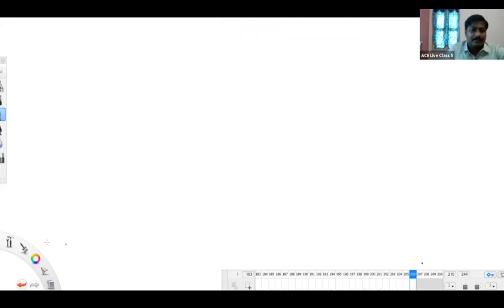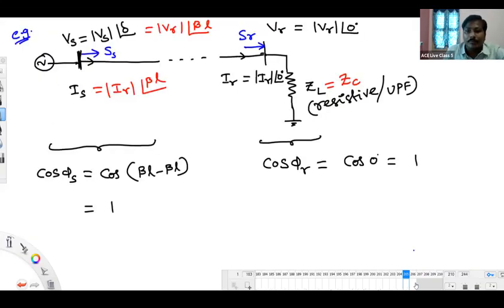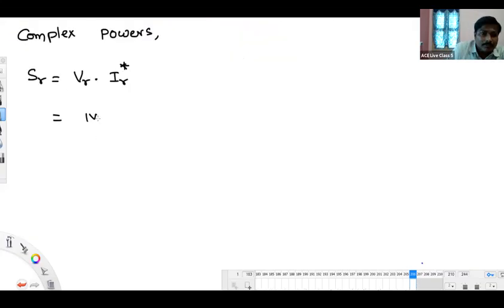Let's calculate the complex powers. SR equals VR into IR conjugate. What is VR? Mod VR at angle 0. What is IR conjugate here? IR conjugate is mod IR at angle 0.